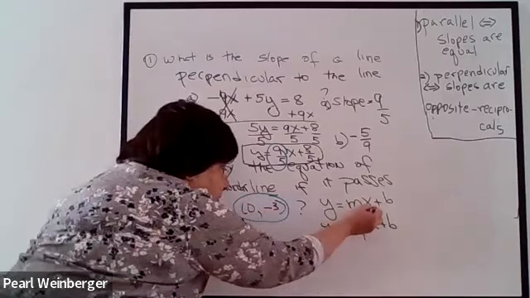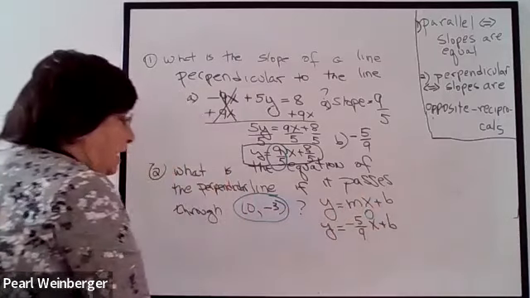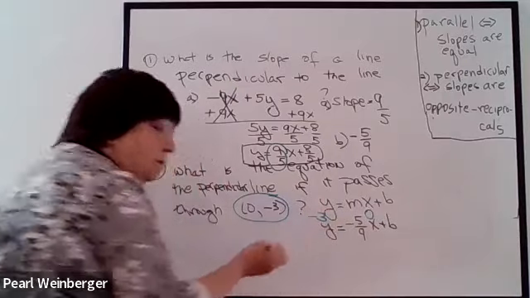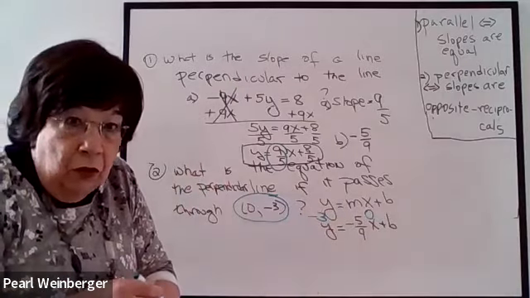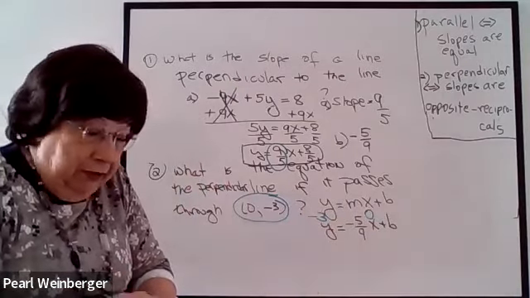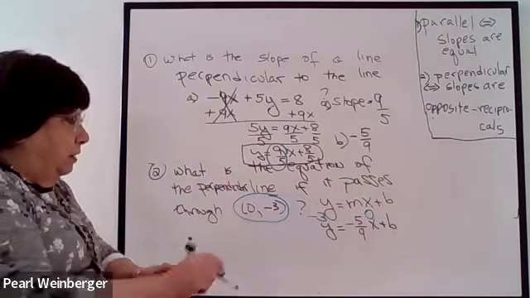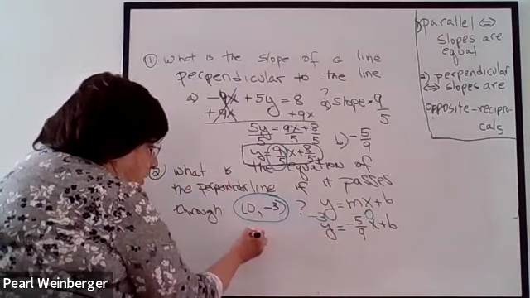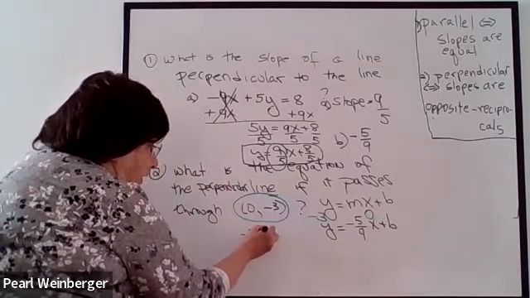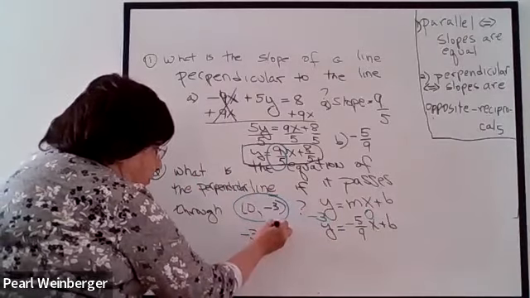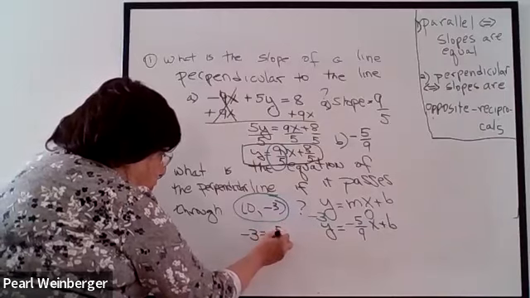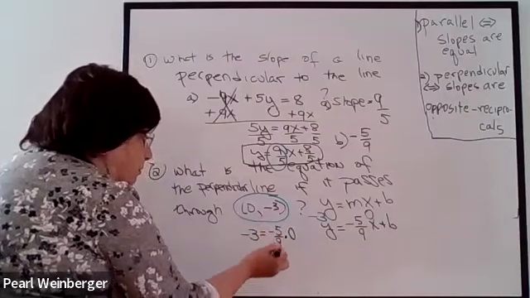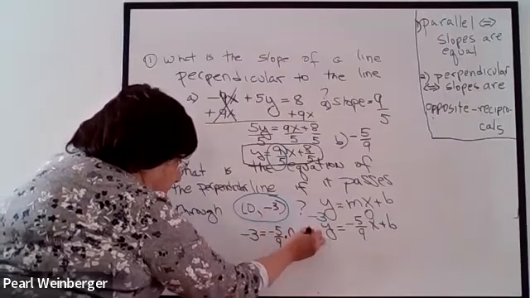So I'm going to put a 0 in place of the x, and a -3 in place of the y, because that's the point that I was given. So what do we get over here? I'm getting -3, that's my y, equals -5/9, our slope, times 0, because our x is 0, plus b.